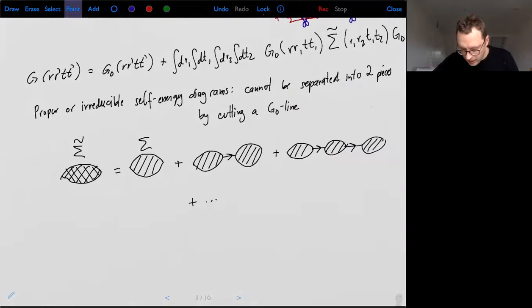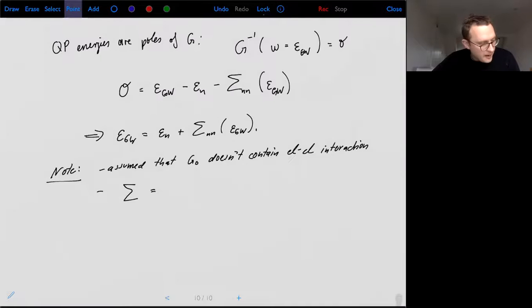So we can write our self-energy as a Hartree potential plus an exchange correlation contribution, which contains all the other diagrams except the Hartree one.